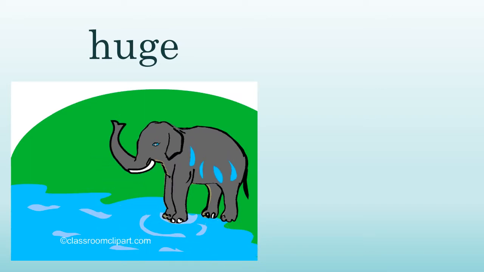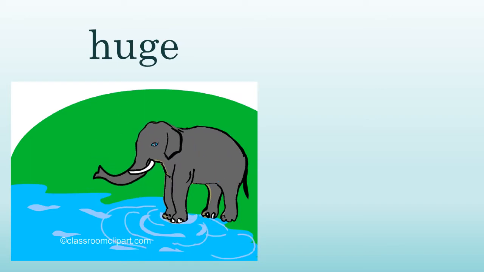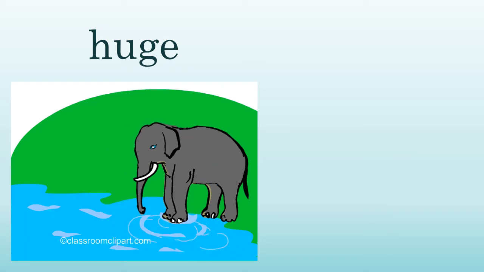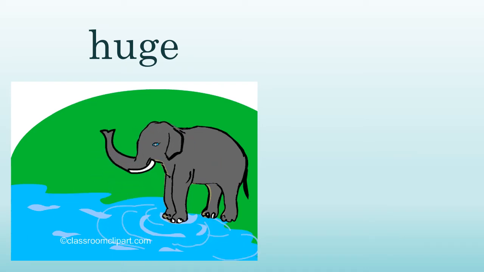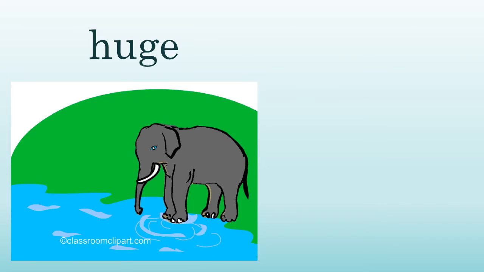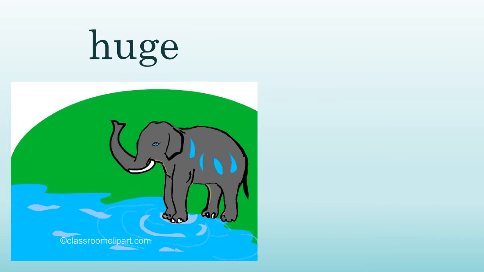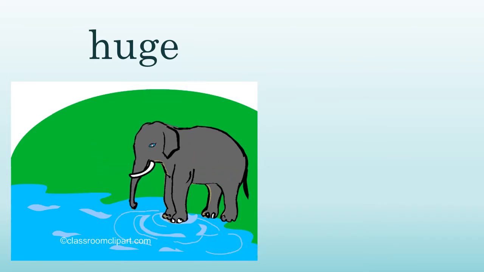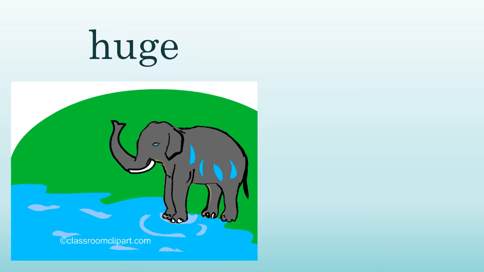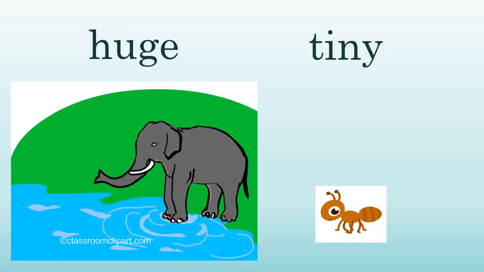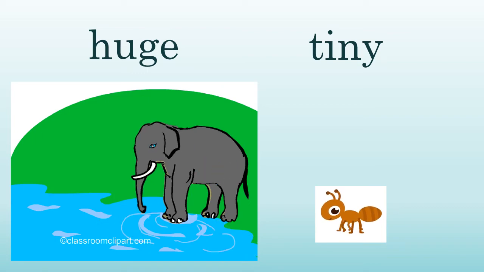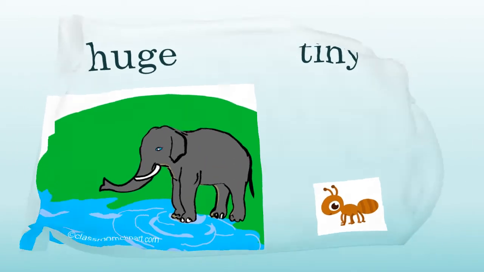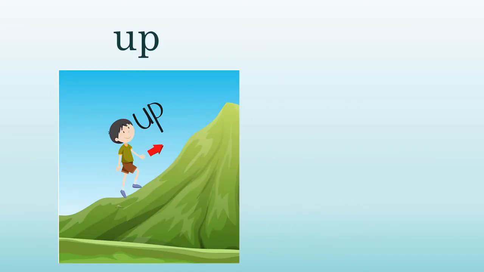Now, what does this picture show? Seeing an elephant, what do you feel? Huge, right? Huge means something which is very big. And the antonym of huge is tiny. Then we have up. Look at this boy. He is going up.